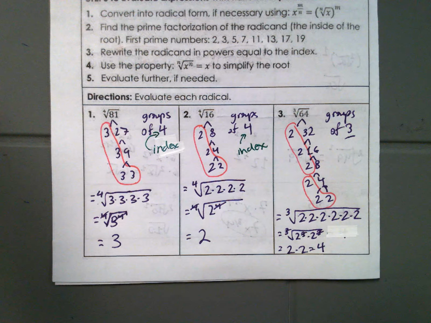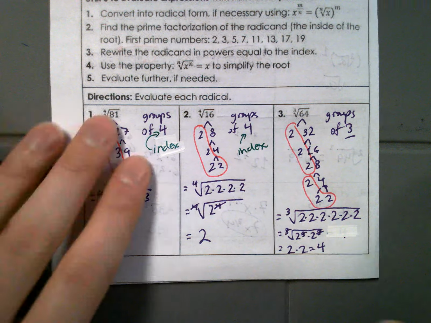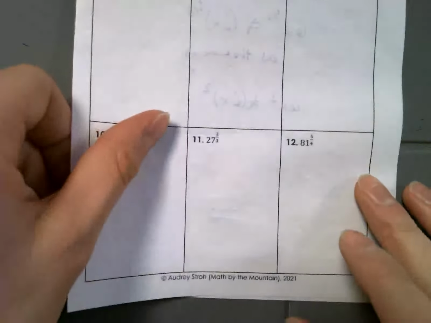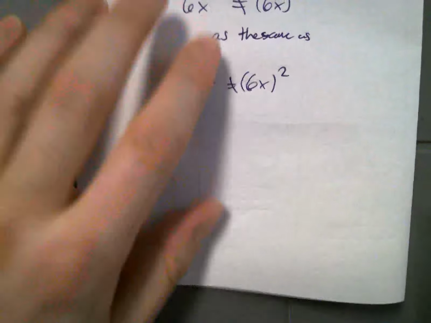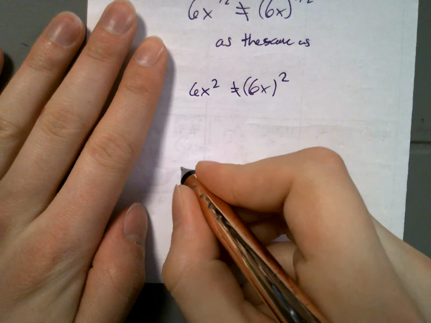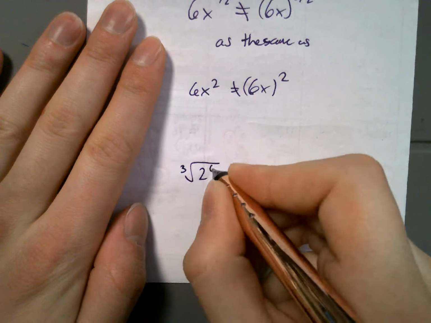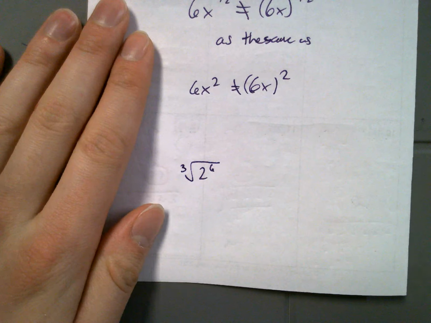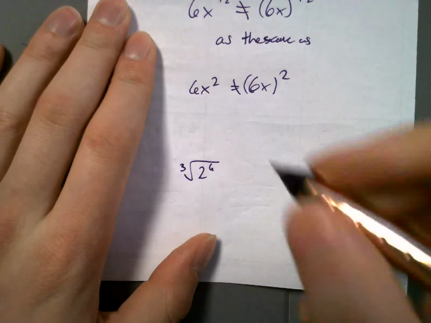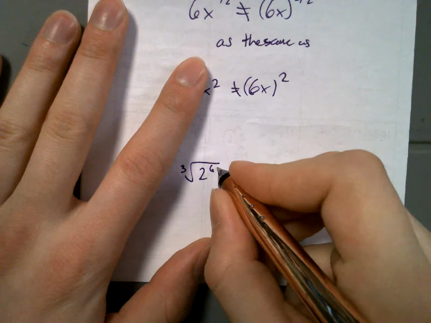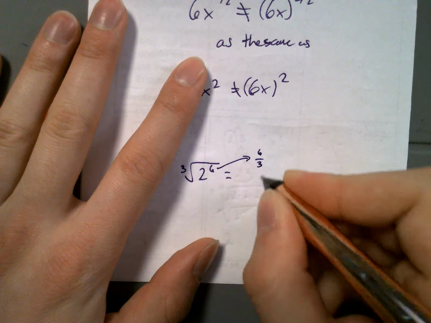Now, alternatively, I will do this again on the back side here. So 1 second, let me just show you. All right. Alternatively, if you wanted to do the cube root of 2 to the 6th, you can do this. That's fine. But that means you're going to have to convert it. You can't cancel. So that means you're going to have the numerator, denominator.